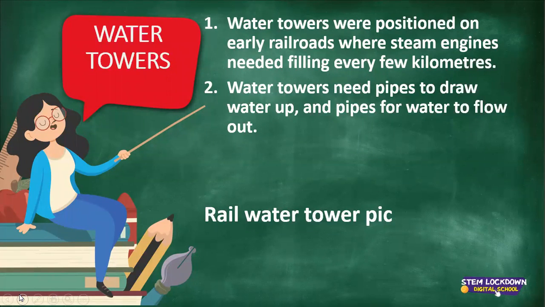So they take a pipe from the water tower right on top, and you can picture a big pipe going down and attached to a little device with a tap to open or close it. You can close the tap when you're not using the water, and when you want to open the tap, you can take water out.